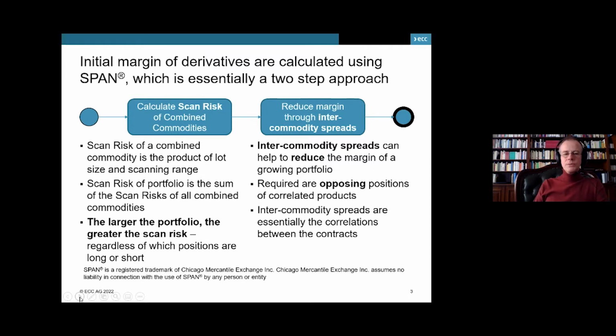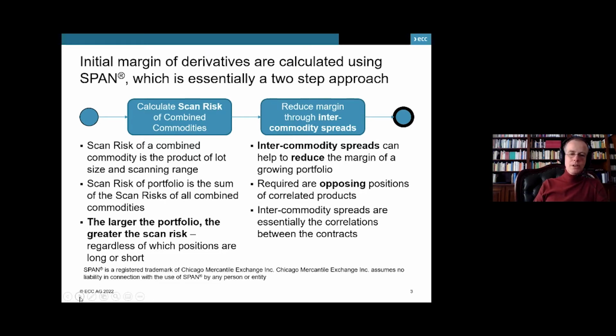In the case of a futures portfolio, SPAN is actually pretty simple. It's just a two-step approach. In the first step, you calculate the scan risk, that's shown on the left-hand side. In the second step, you calculate the cross-margining using the intercommodity spreads, and that's a way to reduce the margin.